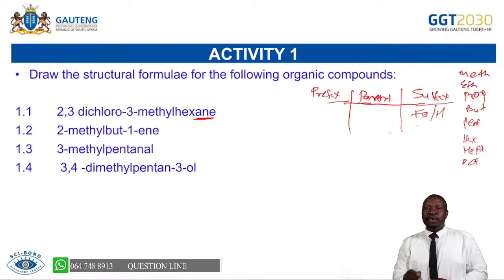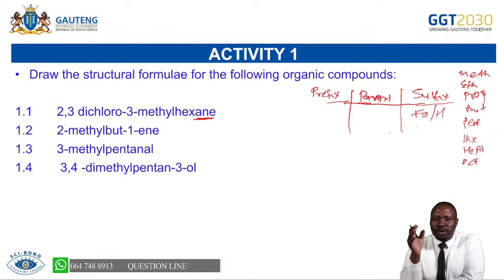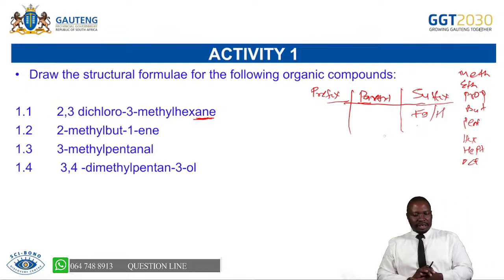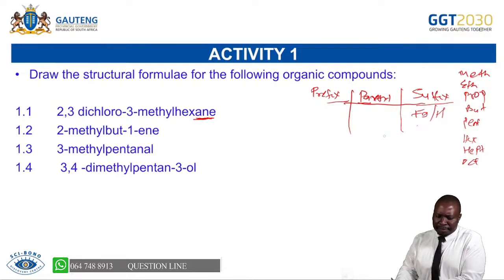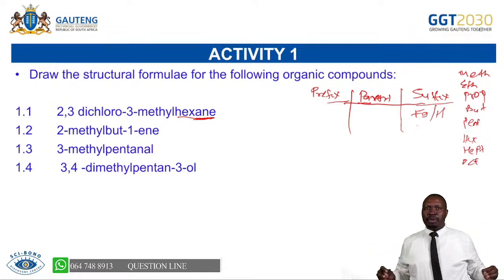Alkanes are saturated, they have no multiple bonds between carbon atoms. Remember, that's how you define saturated. The parent is hex, which means 6. So you have 6 carbons that are saturated, without multiple bonds between them.